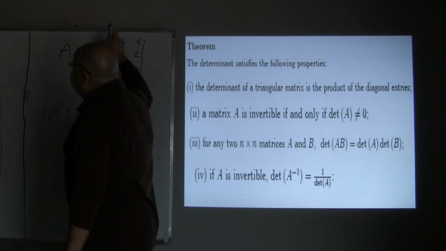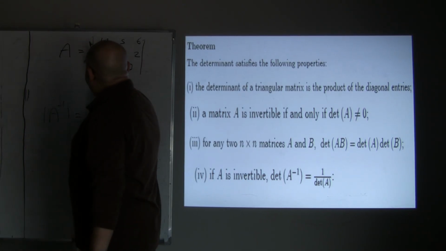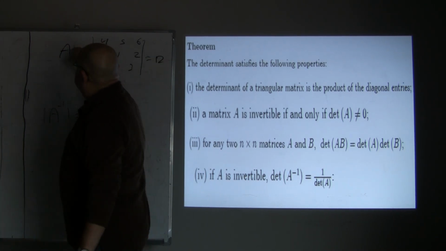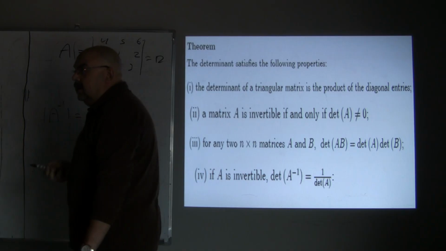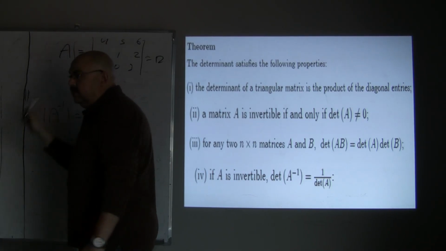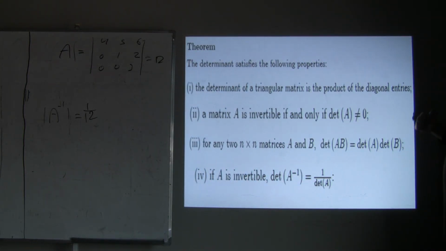I don't have to get the inverse first. All I have to do is evaluate the determinant of this matrix, which is going to be 12. 4 times 1 times 3, am I right? So the determinant of A minus 1 is going to be 1 over 12. This is really a very good tip. So you have these steps, which is very important.